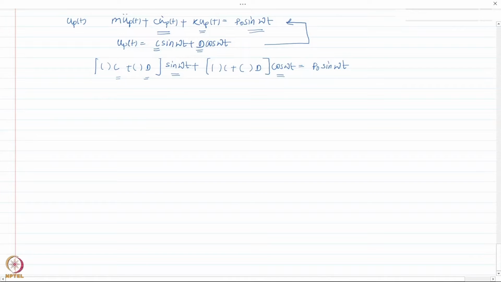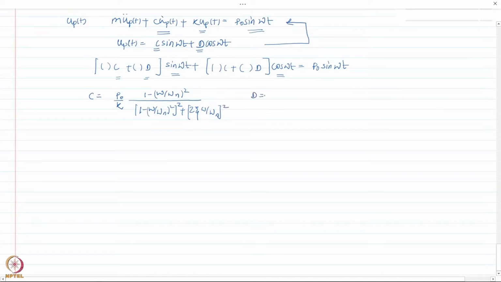I can write my C as p naught by k, times 1 minus omega by omega n squared, and in the denominator I will have this term here, 1 minus omega by omega n squared, plus 2 zeta omega by omega n squared.